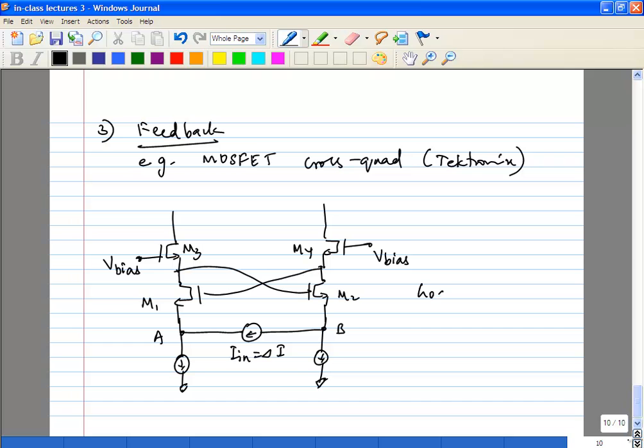So what is our goal? We are going to try to synthesize a short circuit between A and B. That's what we are going to try to do. And this section actually gives some kind of positive feedback. Okay, let's start analyzing this.